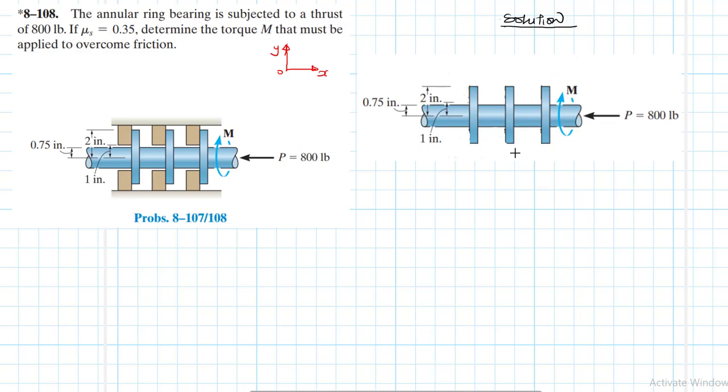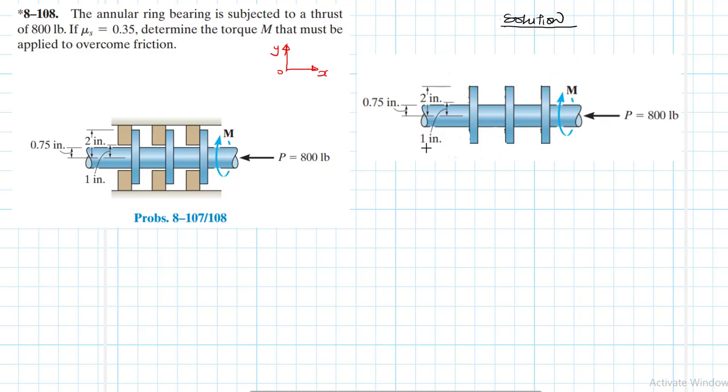So we have this bearing, and we are going to experience friction at the points where the bearing is in contact with the supports, where I'm drawing these red lines. We are going to experience a friction force. And we are now being asked to determine the moment that is going to overcome this friction force.